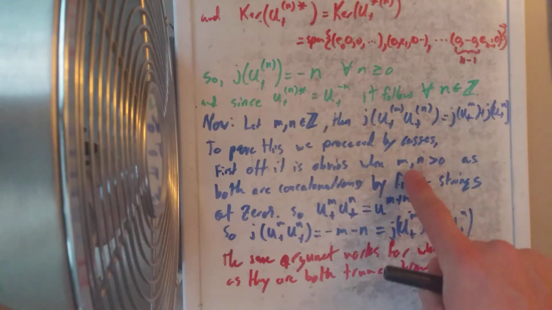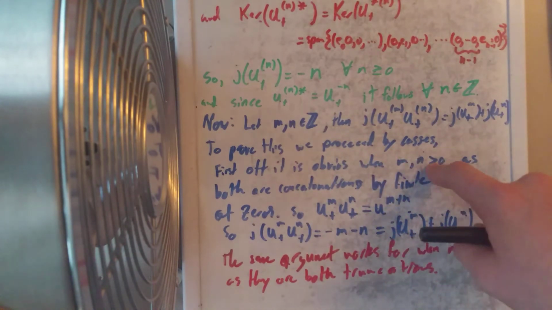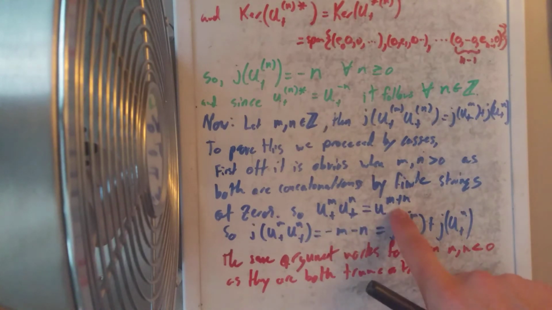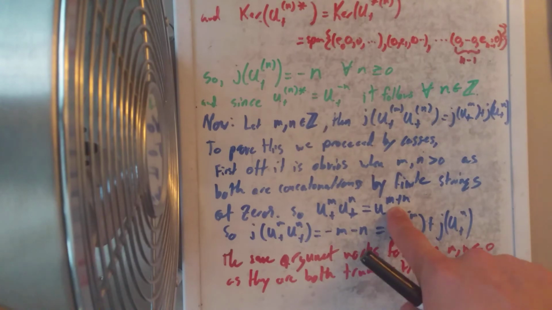First off, when m and n are both greater than 0, this should be obvious. This follows from the fact that if I concatenate on an m-length string of zeros onto a sequence, and then I concatenate on an n-length string of zeros onto the sequence, this is the same thing as just concatenating on an m plus n length string of zeros.